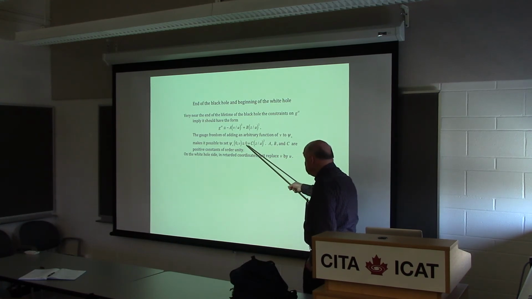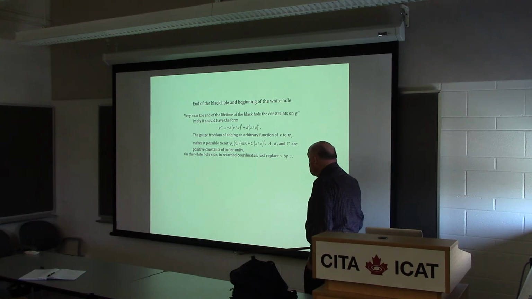But you expect it to increase going away from z equals 0, because you expect psi_v to have a minimum in the deep interior of the black hole as opposed to what happens further out. So all three constants, A, B, and C, should be some positive constants of order unity.